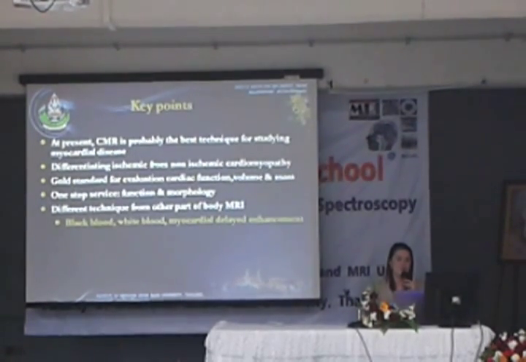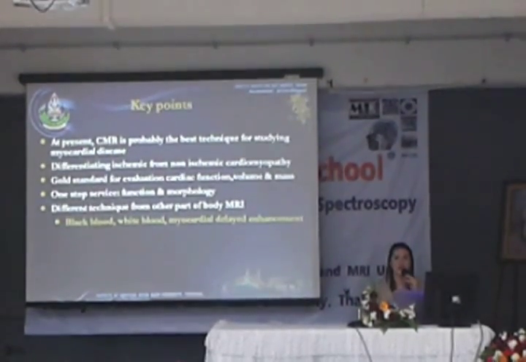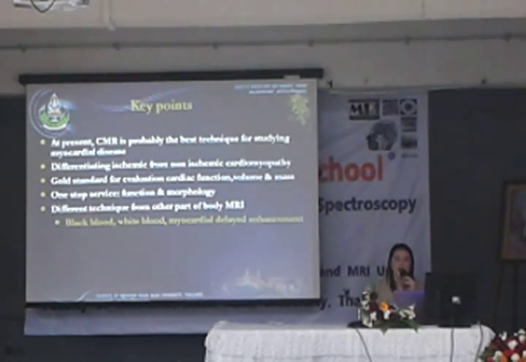So, at present, cardiac MRI is probably the best technique for studying myocardial disease. It can differentiate ischemic cause from non-ischemic cardiomyopathy by enhancement pattern. And it is also the gold standard for evaluation of cardiac function, volume, and mass, not echocardiogram.